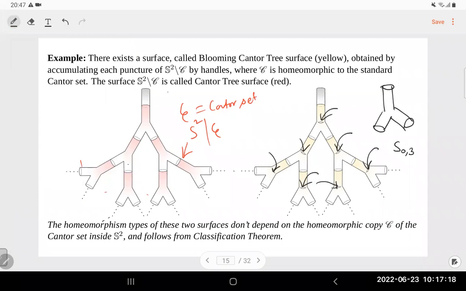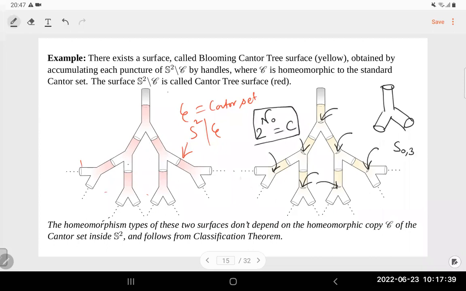So in this way, you can see that each puncture point will be accumulated by handles. But notice that I am using only countably many handles at most. So exactly countably many handles. So what is the set theoretic idea? The set theoretic logic behind this is that 2 to the power aleph naught is the cardinality.